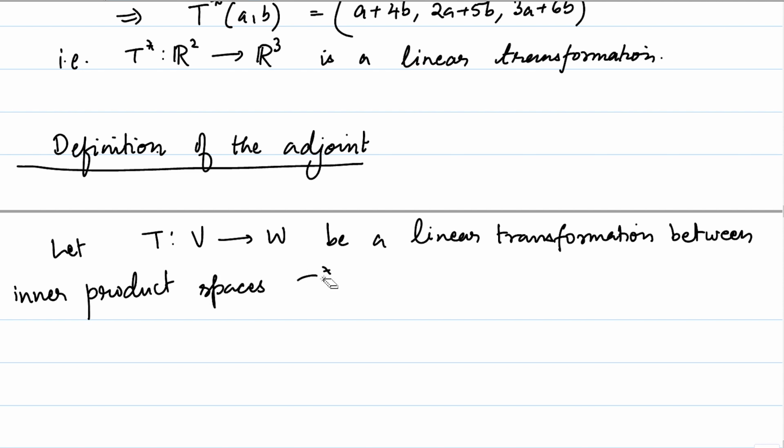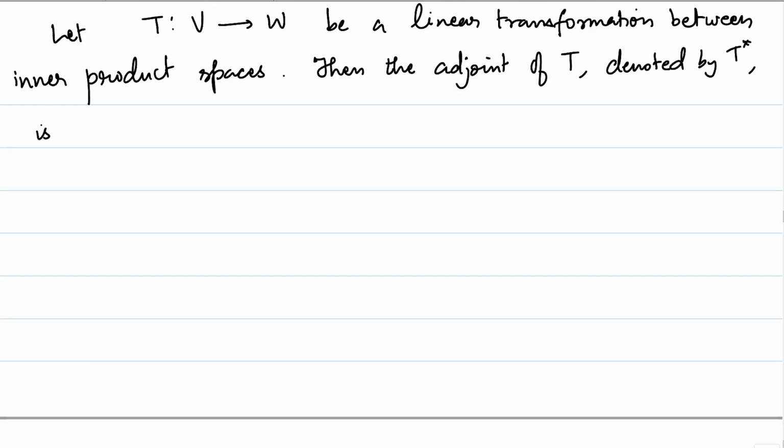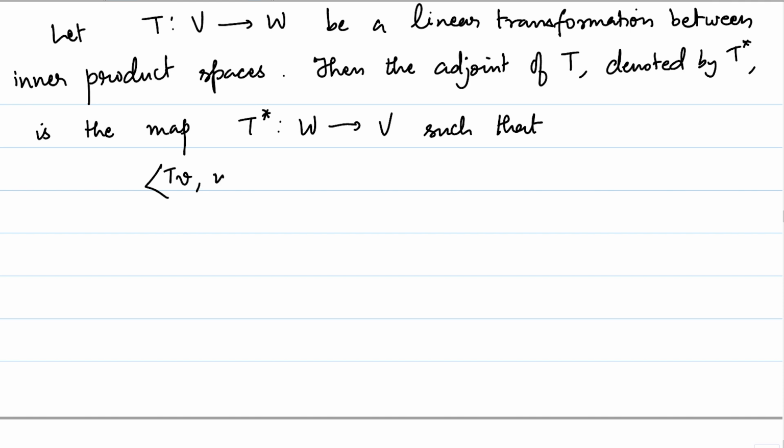Then the adjoint of T, which is denoted by T star, is the map as defined above from W to V such that the inner product of TV comma W, which is in capital W, is equal to the inner product of V with T star W. So this is what we had.